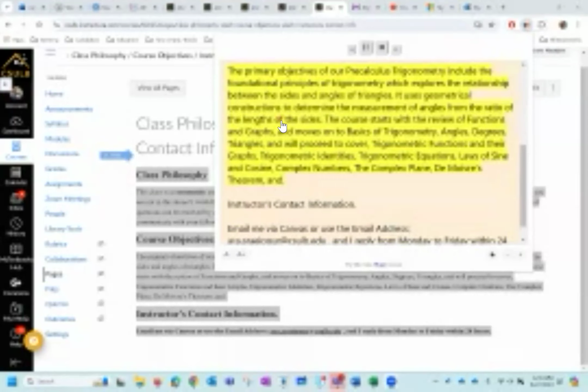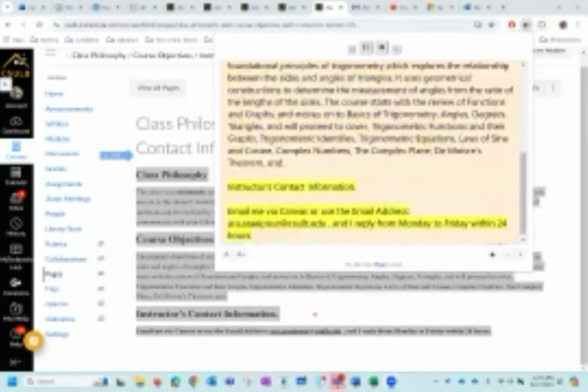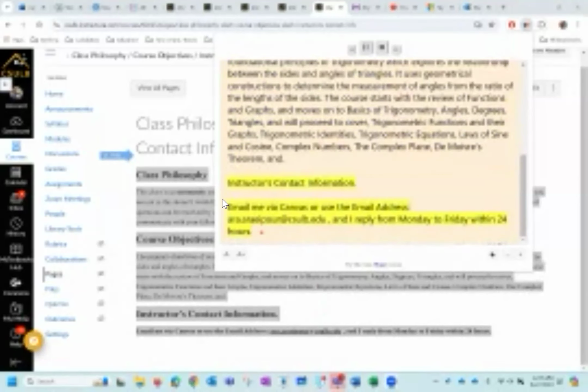The course starts with the review of functions and graphs, and moves on to basics of trigonometry, angles, degrees, triangles, and will proceed to cover trigonometric functions and their graphs, trigonometric identities, trigonometric equations, laws of sine and cosine, complex numbers, the complex plane, de Moivre's theorem, and instructor's contact information.